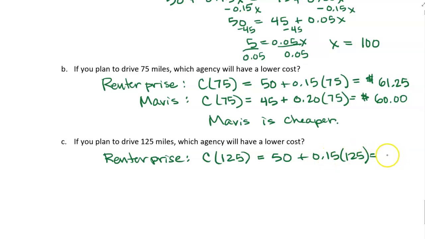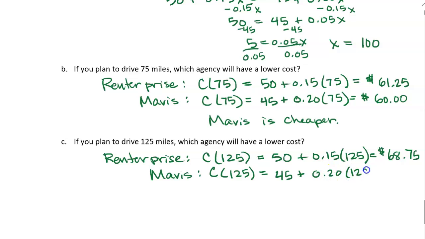I put that into my calculator, and I get $68.75. Okay, let's do the same for Mavis. For Mavis, I'm going to find the cost for 125 miles. We're going to take $45 plus 20 cents a mile times 125 miles, which gives us $70. Okay, so in this case, now Renterprise looks like it's cheaper.